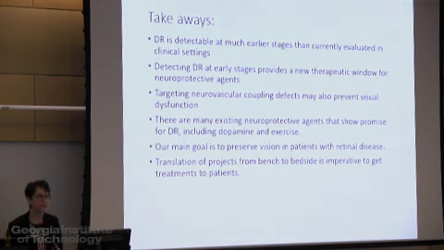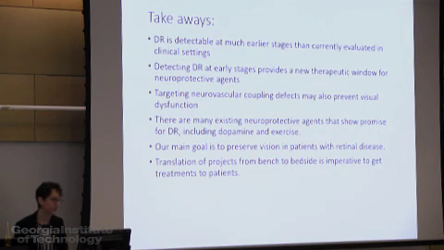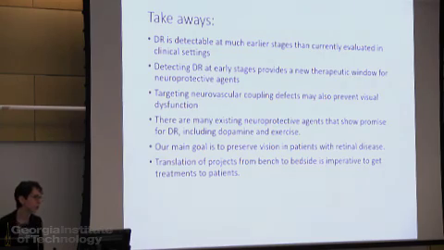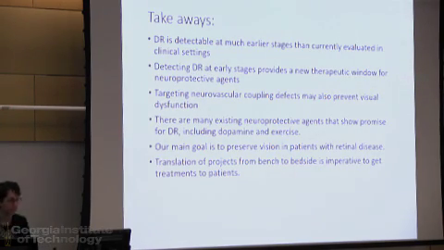And there are many existing neuroprotective agents that are already out there that show much promise for DR, including dopamine and exercise. So our main goal is to preserve vision in patients that have retinal disease and to translate what we're doing in the lab to the bedside. And this is really imperative in order to treat patients that have blinding diseases.